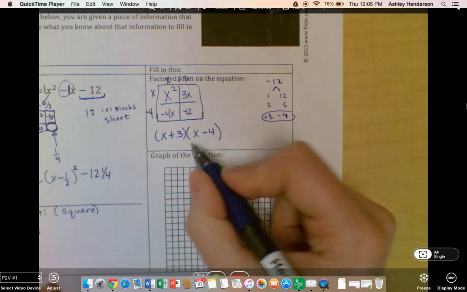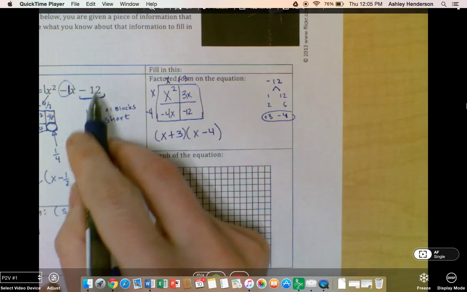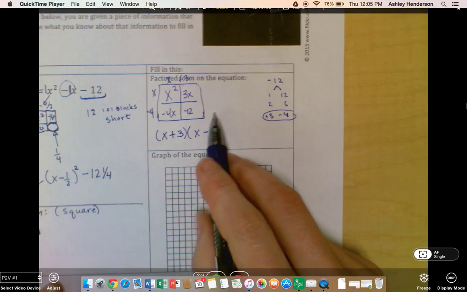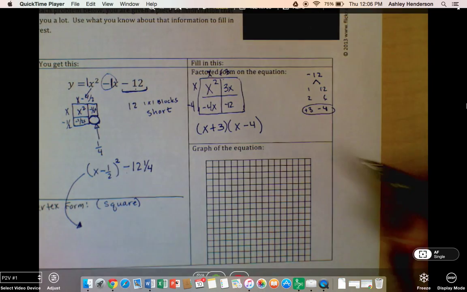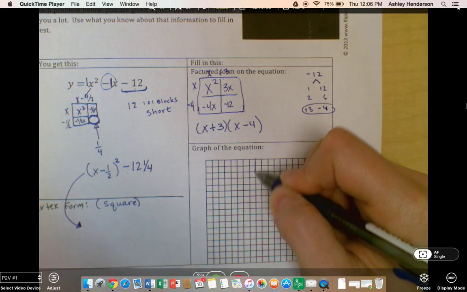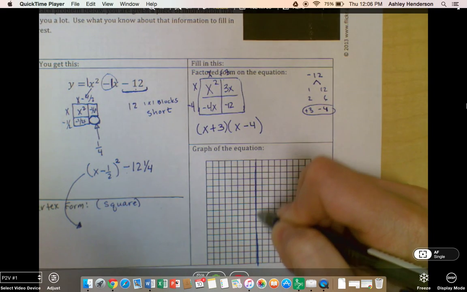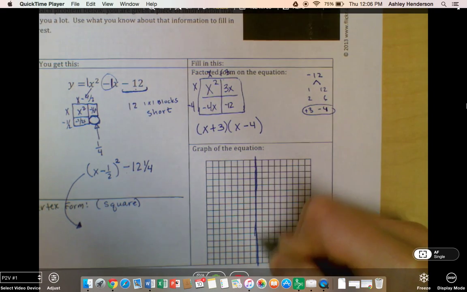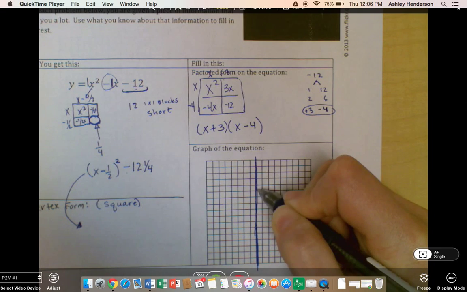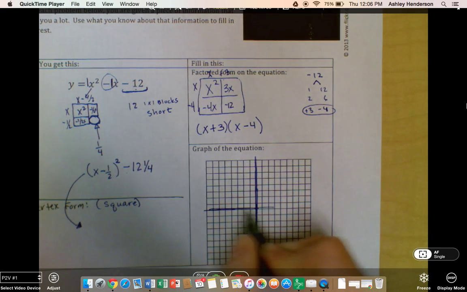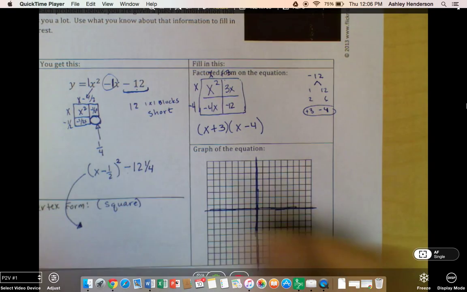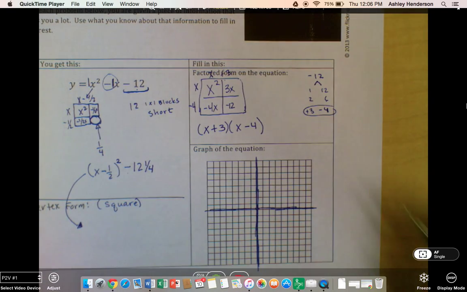So we have our vertex form, our standard form, and our factored form, which give us all of the key features we would possibly need to graph this. So I'm going to go ahead and put my axes on the graph, make them dark here. It's not going to be perfect, but we'll still be able to make a sketch.